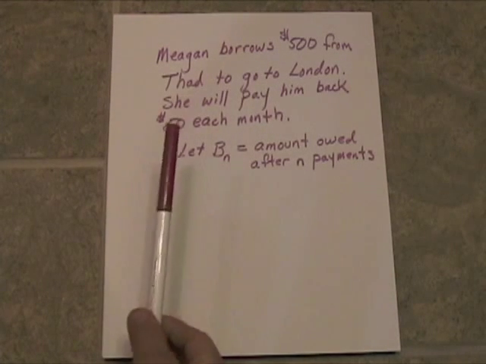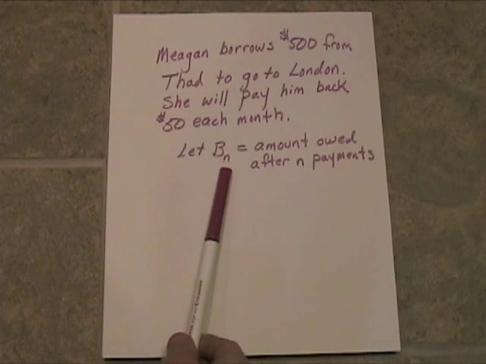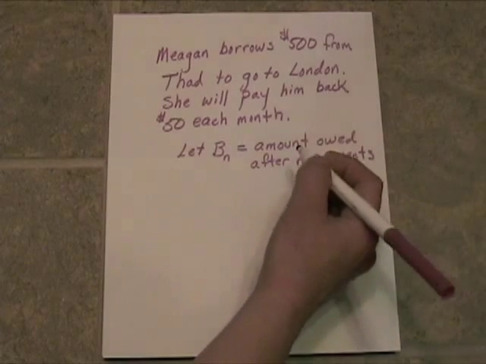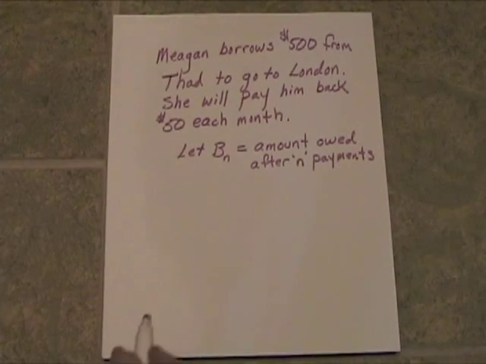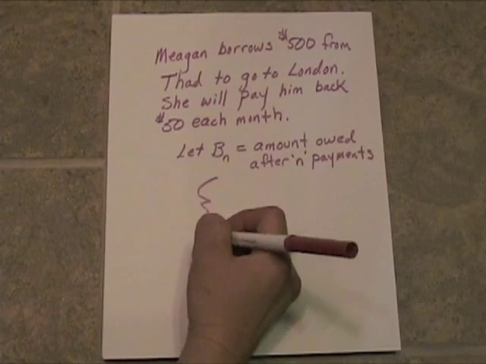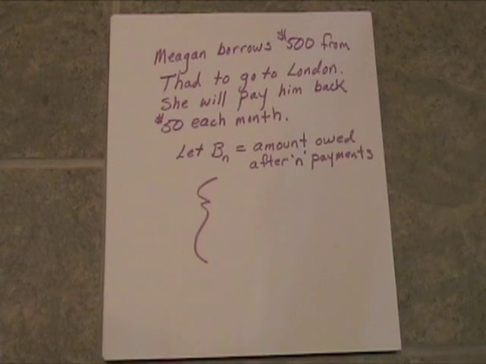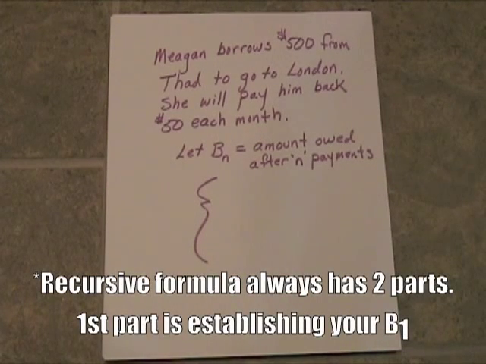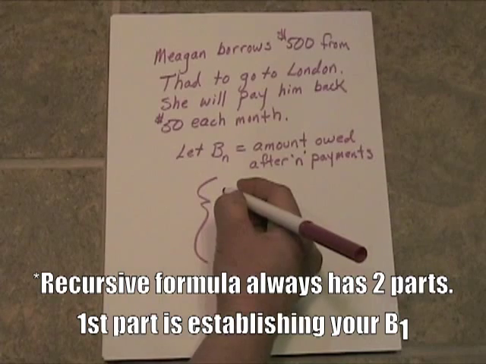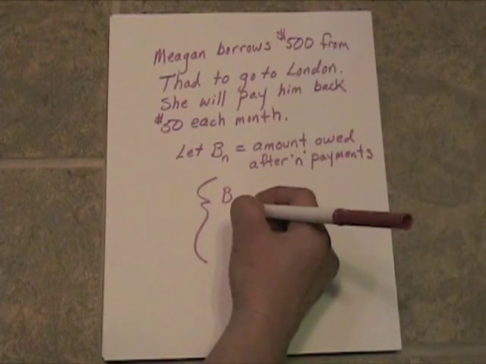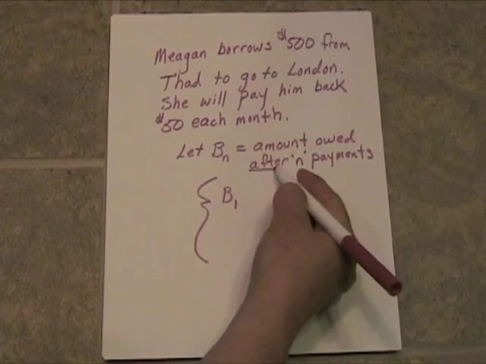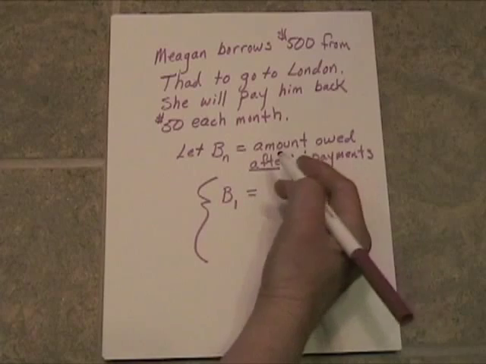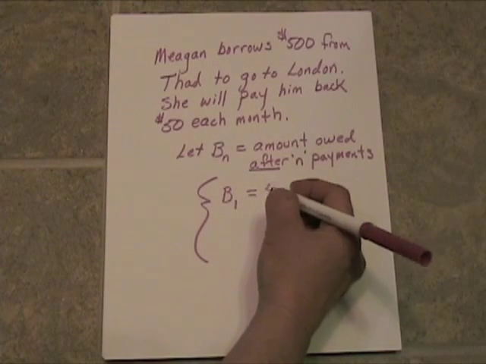All right, so we're going to let B sub n be her balance, which means the amount owed after n payments. Well, let's describe this recursively. We'll draw our brace, because remember our recursive formula always has two parts, and the first part is always establishing your B sub 1. In this case, her balance after the first payment, well, she owes him $500, she pays $50, so her balance after the first payment is $450.